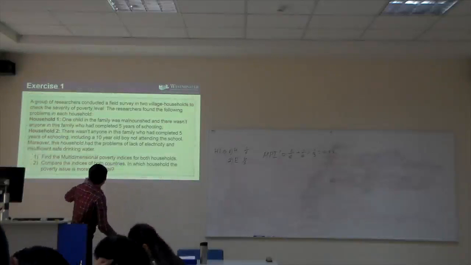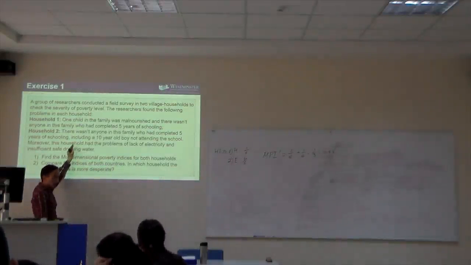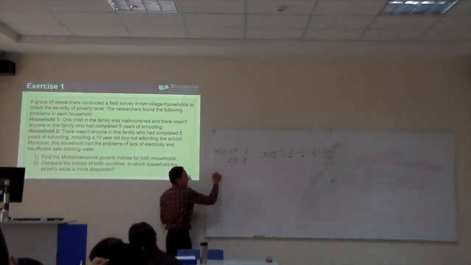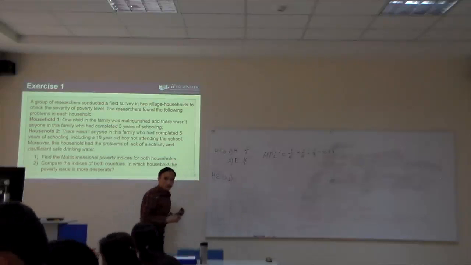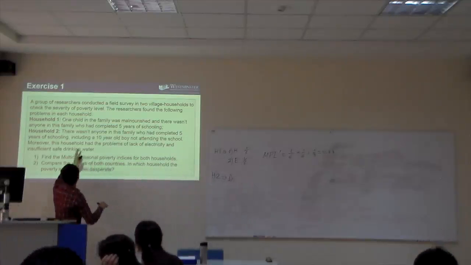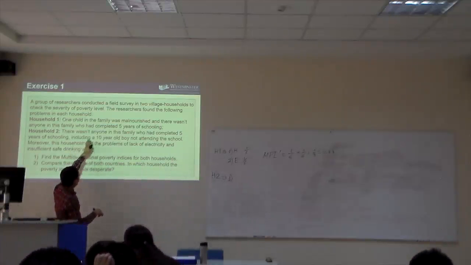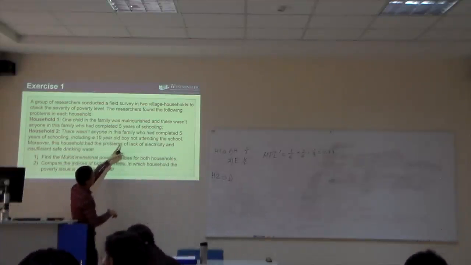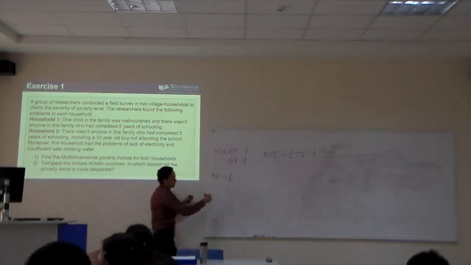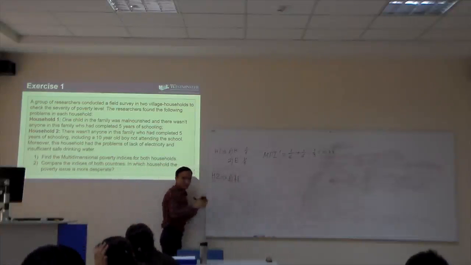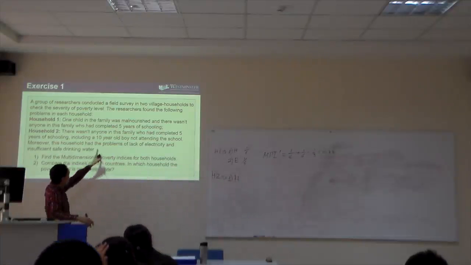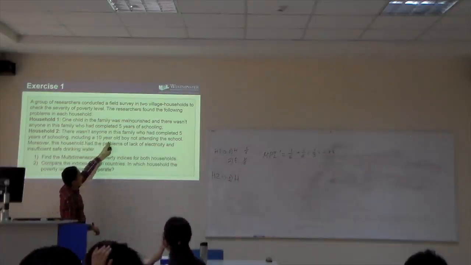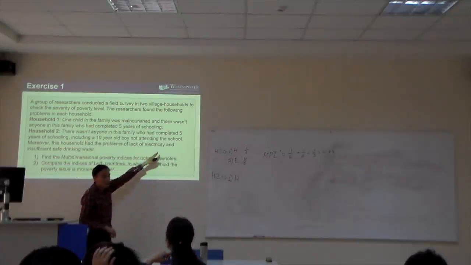So now, look at household 2. What kind of problems were found here? Education, right? Number 1 is there isn't anyone in the household who completed 5 years of schooling. Is it only one education problem or 2? Including a 10-year-old boy not attending the school.